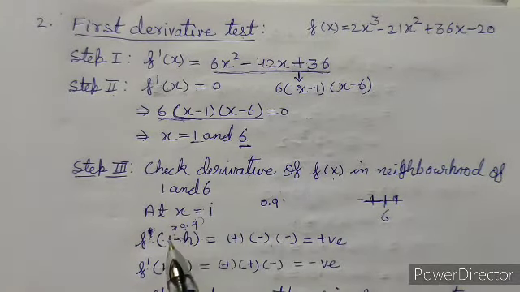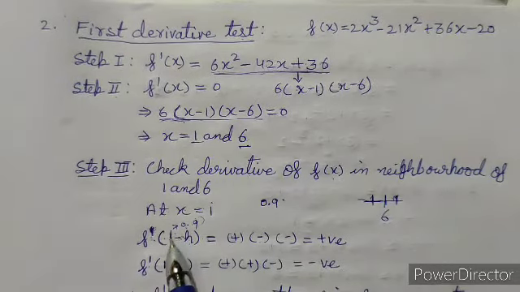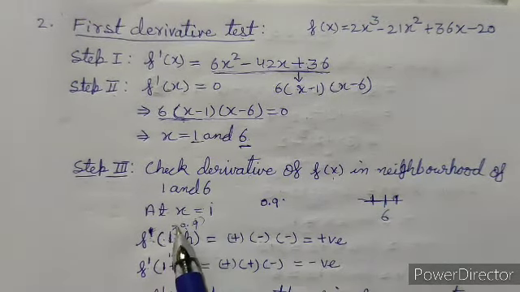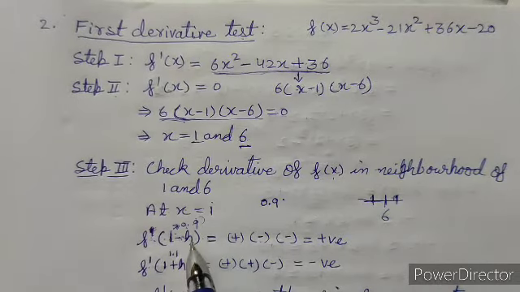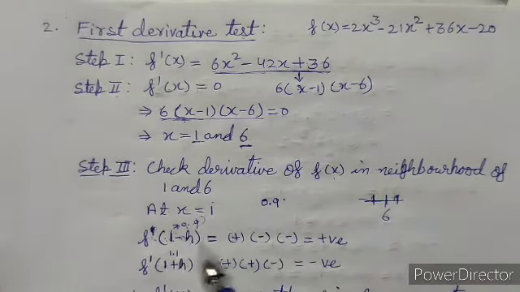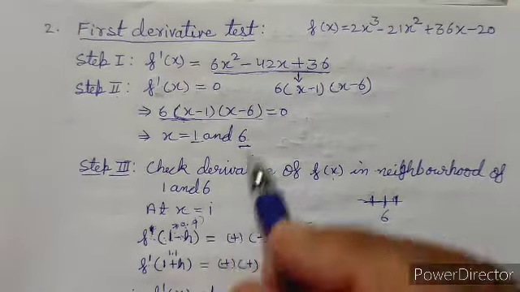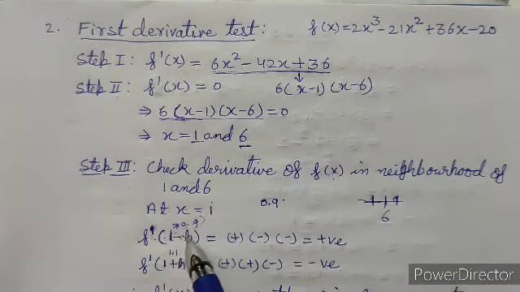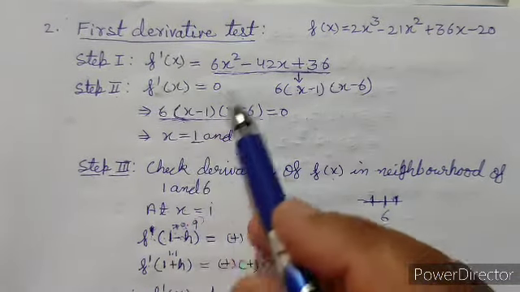Now for 1 - h, we can take the nearest number to 1 which is less than 1, and here I am taking 0.9. Now f'(1 - h) will be obtained by putting the value of 1 - h in f'(x).